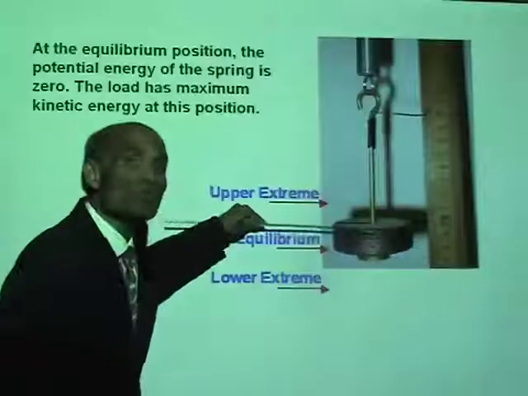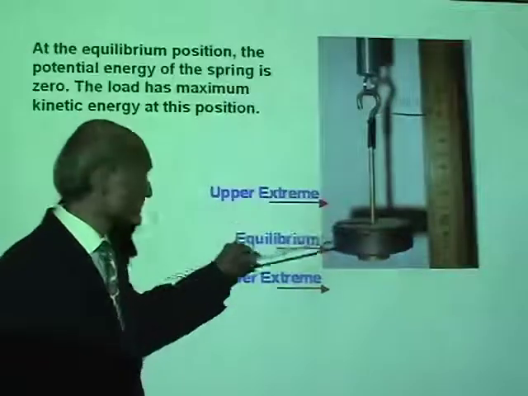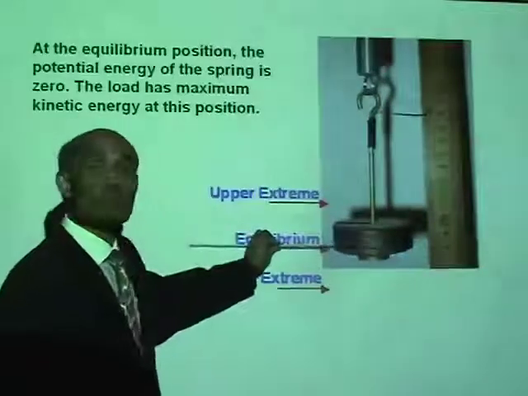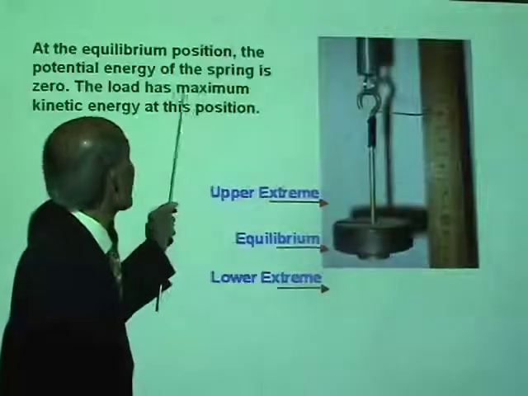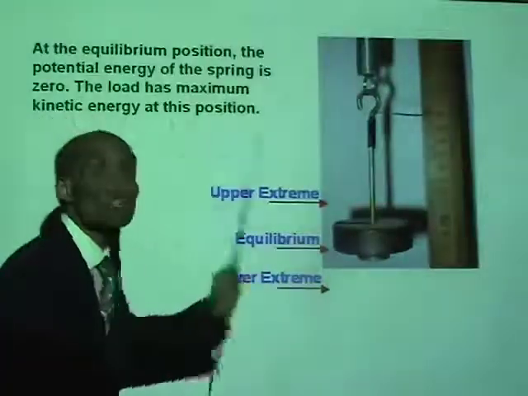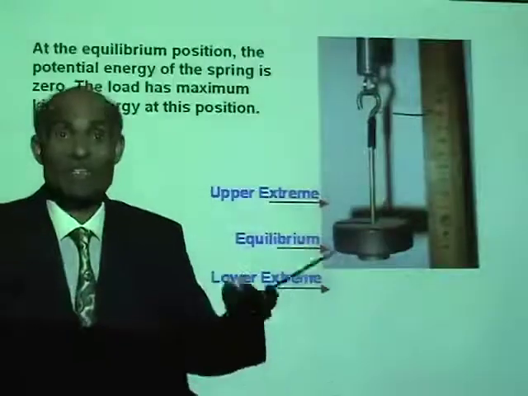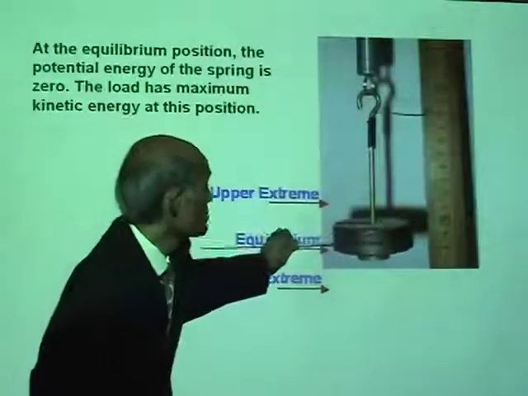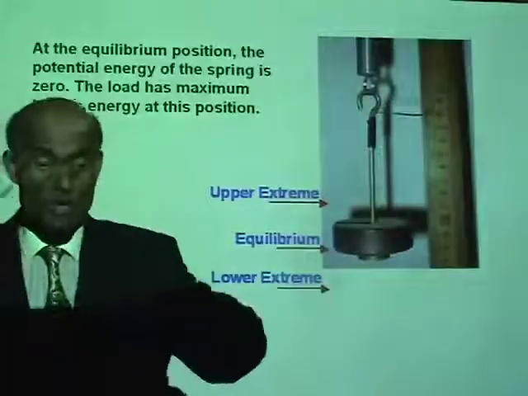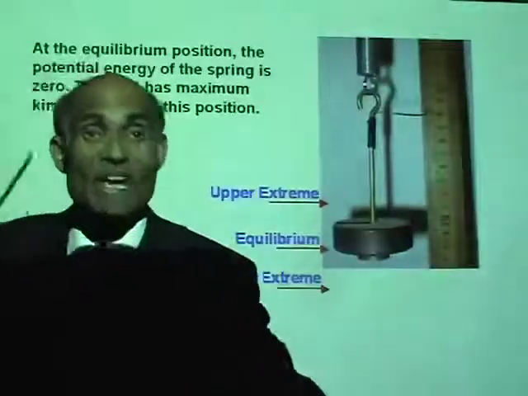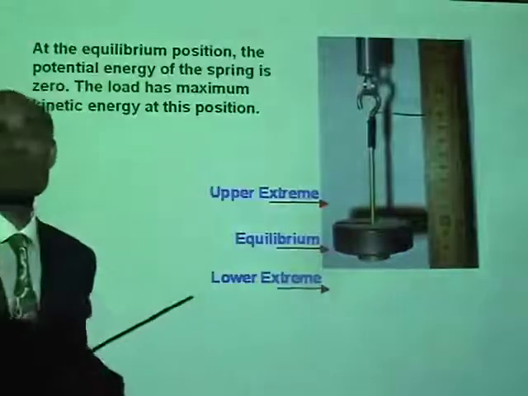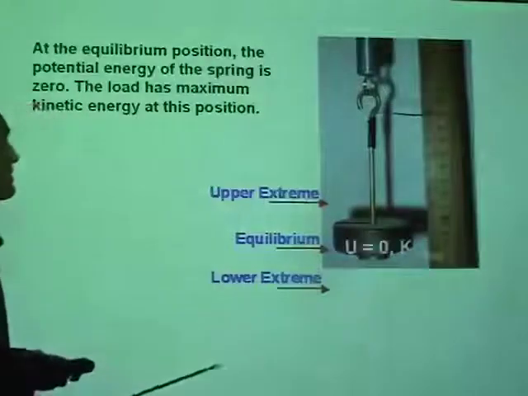So when will the velocity become maximum? At the equilibrium position. So the load has maximum kinetic energy at the equilibrium position. I hope you are able to trace the energy changes that take place during the oscillation.